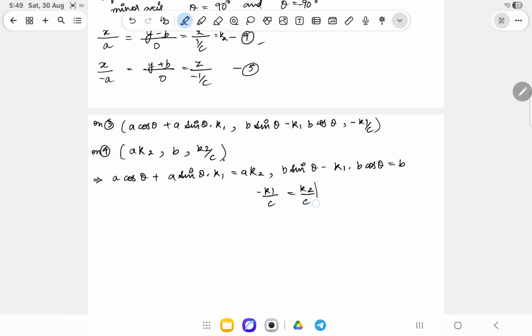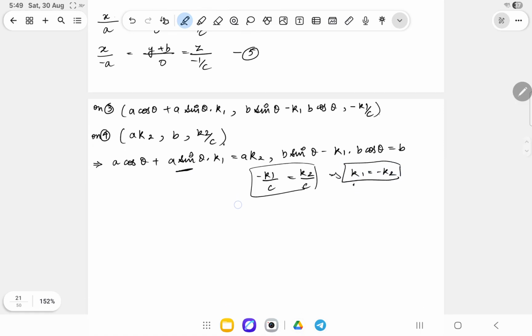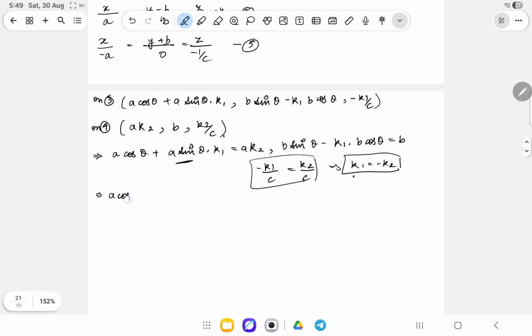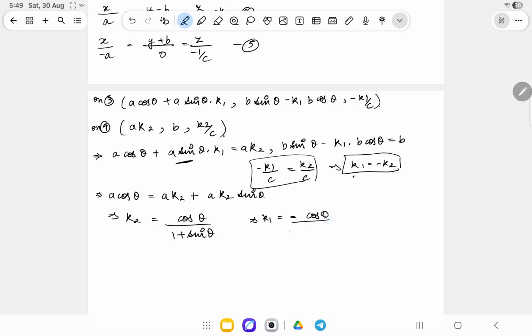From this I got k1 is equal to minus k2, and if I substitute this value in the first one, I'll get a cos theta is equal to a k2 plus a k2 sin theta. So from here I got my k2 as cos theta upon 1 plus sin theta. If this is my k2, then my k1 is basically minus cos theta upon 1 plus sin theta.